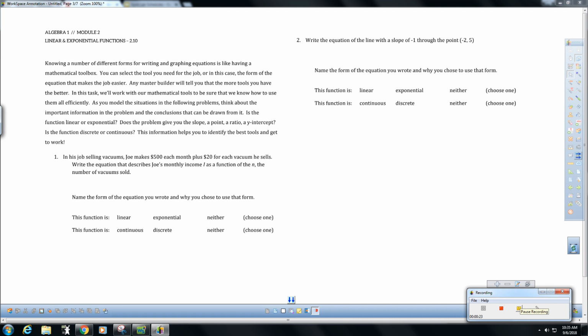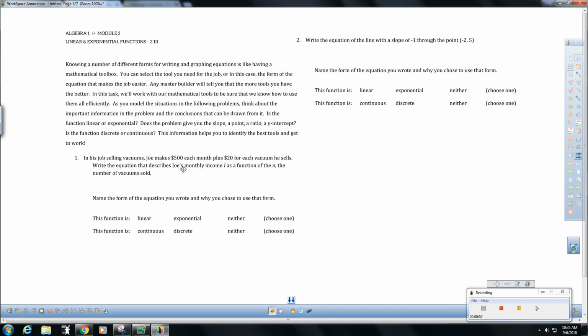So, in his job selling vacuums, Joe makes $500 each month plus $20 for each vacuum he sells. Write the equation that describes Joe's monthly income. Monthly income. So, I as a function of n. So, I of n, income, n is the number of vacuums sold.